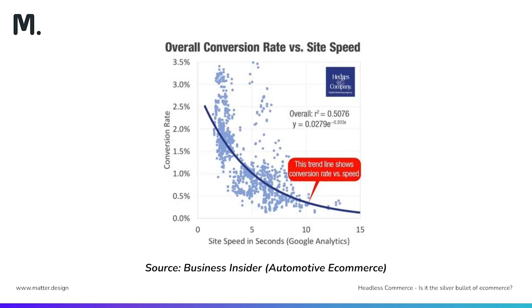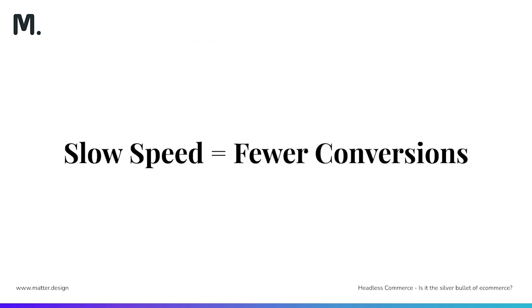And this data here from Business Insider shows how the conversion rates and the time for a page to load correlate to prove that point. So when the page speed is very fast, the conversion rate increases. And conversely, we can see that slow speed equals fewer conversions.